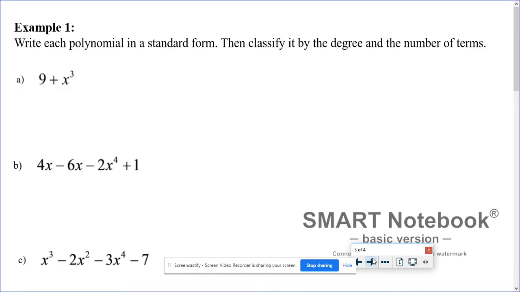Okay. So we're going to write each polynomial in standard form first. So that means combining any like terms that are possible and getting it in degree order descending. So this one is x cubed plus 9. Again, putting it in order. And then we're going to classify it by degree, which is cubic, and number of terms, which is binomial.